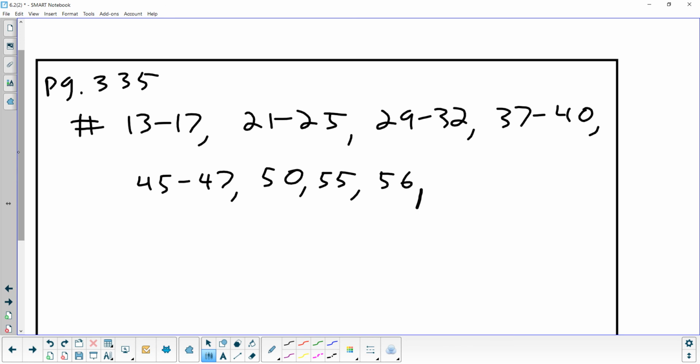You don't even have to do all 6. 21 to 25, that's doing 4, so you're still not doing all 6. 29 to 32, those are all on the calculator. 37 to 40, you're going to need a calculator for those. 45 to 47, finding 2 trig functions. I don't think there's any way you have to do all 6. 50, don't have to do. And the rest should be okay.